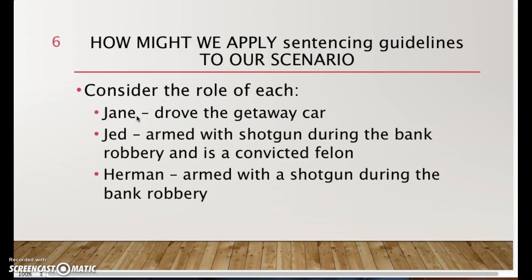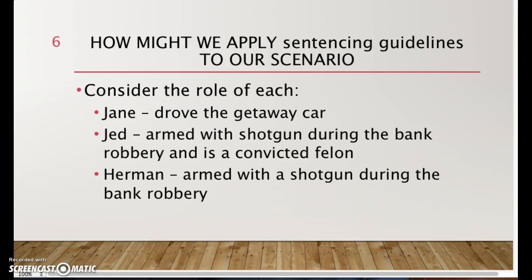She was not armed, so Jane's culpability might be less than the other two. So that's how you could apply sentencing guidelines to our scenario as you begin to finalize your paper in terms of how sentencing guidelines might apply and what sentencing guidelines are. And so in your paper, please feel free to go ahead and describe for me how you think sentencing guidelines might apply to our scenario.